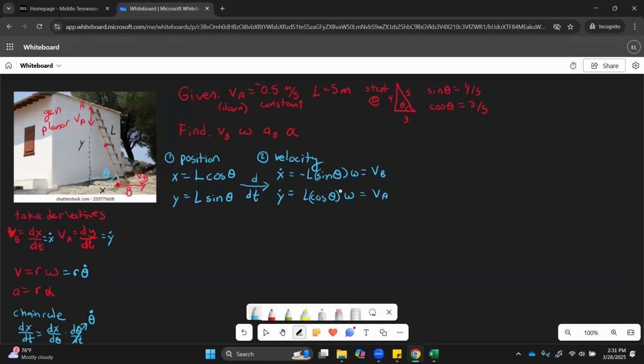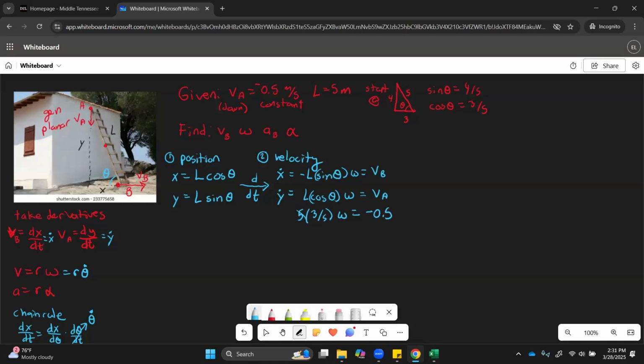So we will take this y dot equation because we're given VA, and we'll solve out for omega. And then we'll take omega, plug into the VB equation, and solve for VB. So going down here, we'll have 5 times cosine theta, which is 3/5, times omega equals VA, which is negative 0.5 meters per second.